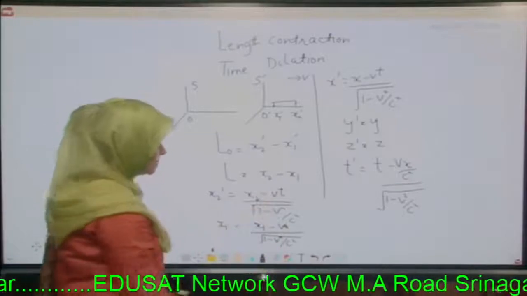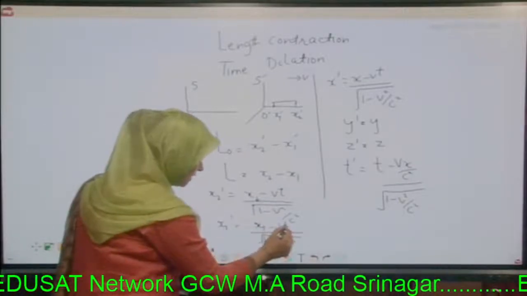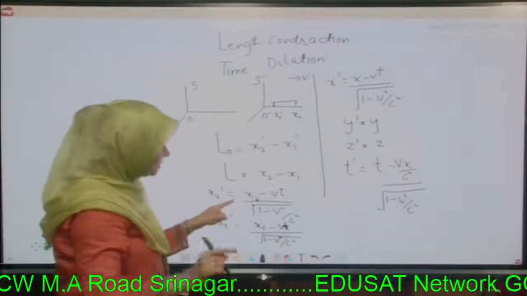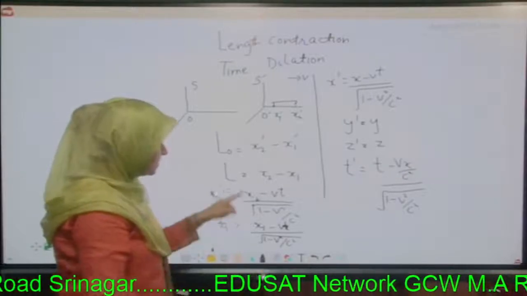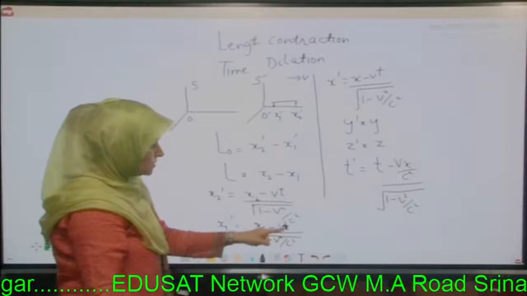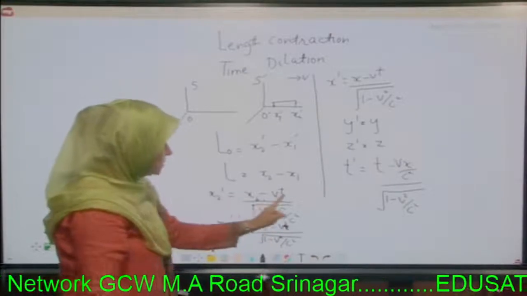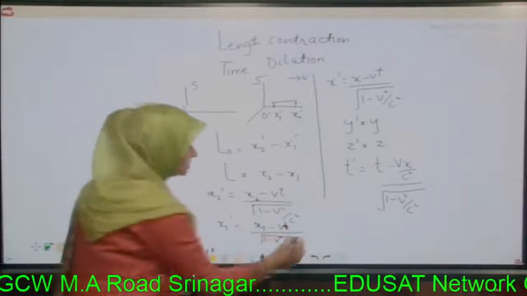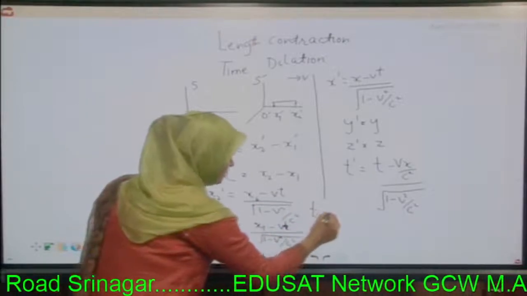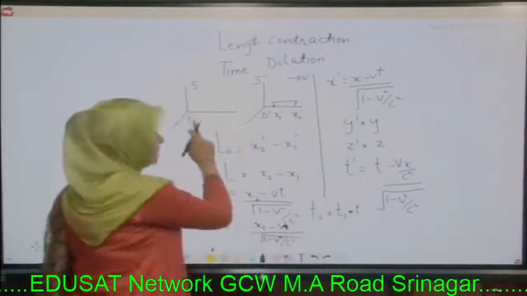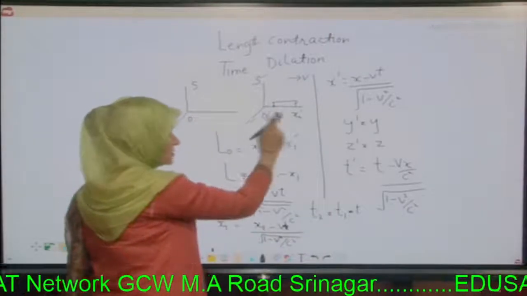And why did I choose the same time? Again by the same description that I told you earlier. Because this observer, for whom the coordinates of the rod are x1 and x2, has done the measurement at the same time. Therefore, I did not write t2 here or t1 here, because t2 and t1 are the same. He has done the measurement of the two ends of the rod at the same time.